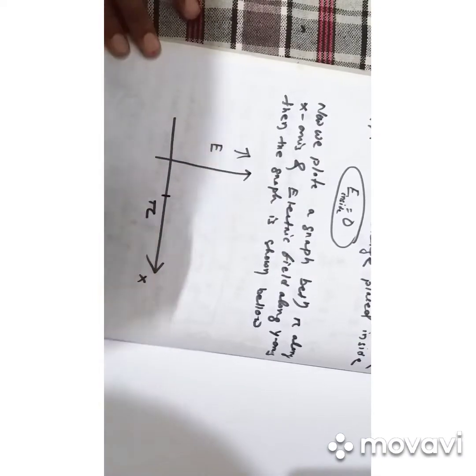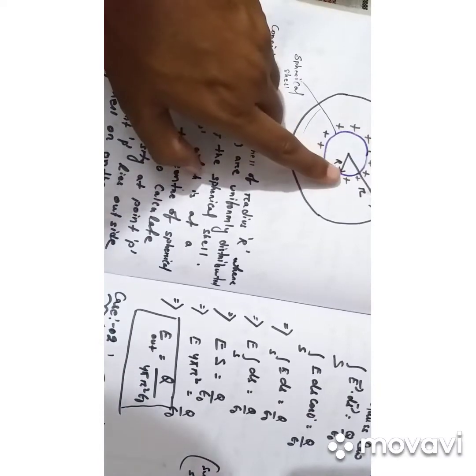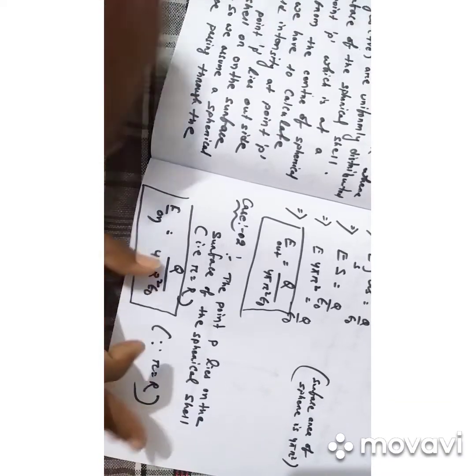Now on the surface, the electric field intensity is given by what? That is Q by 4 pi r square epsilon naught. This is on the surface. This is the inside.